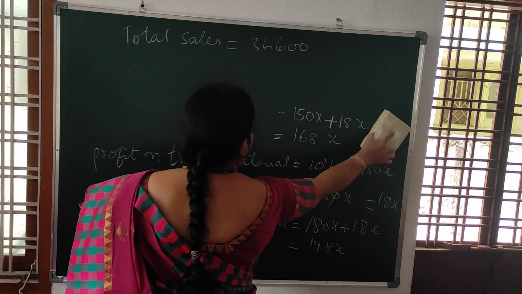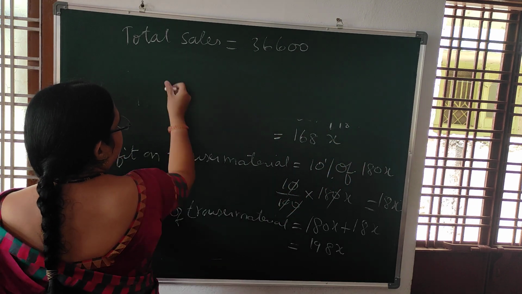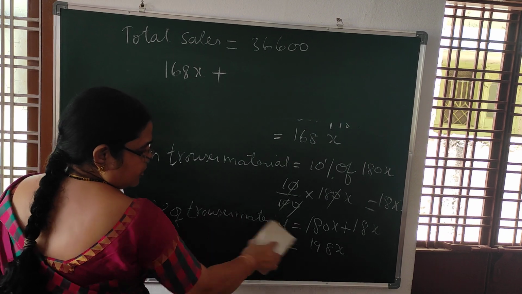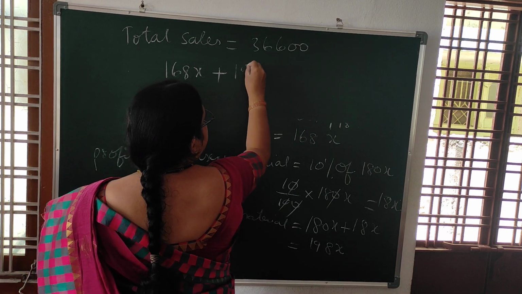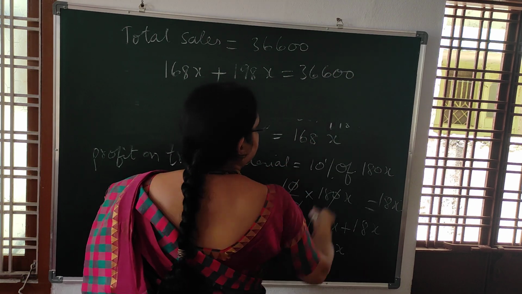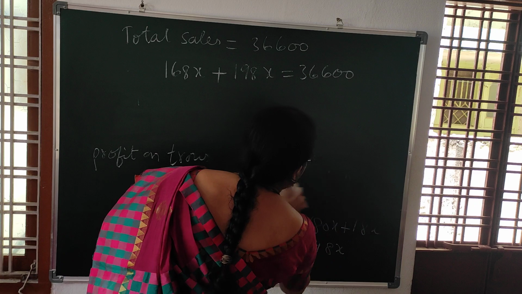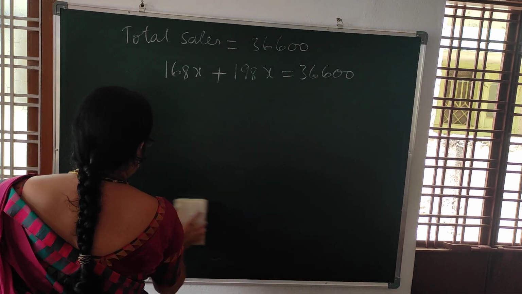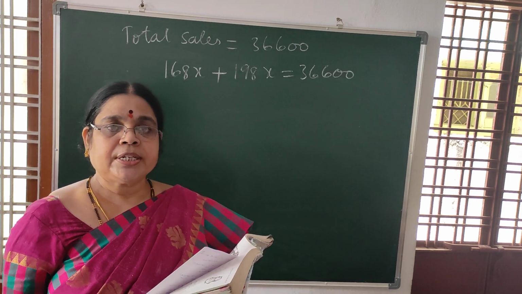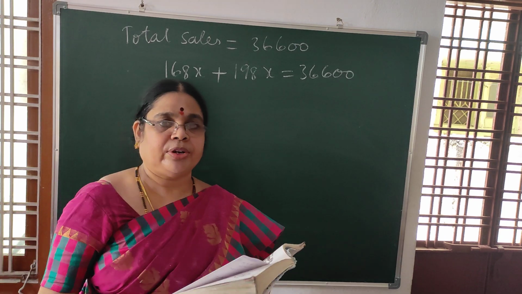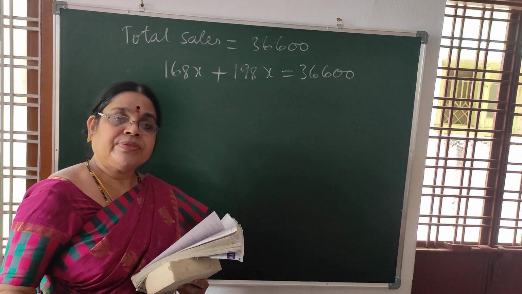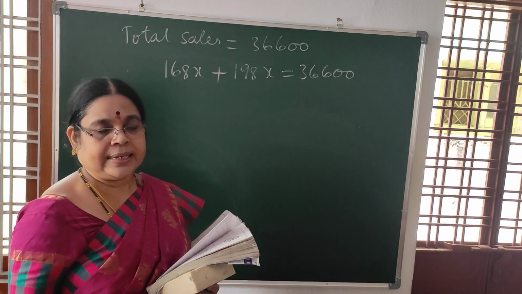So selling price of shirt material 168x plus selling price of trouser material 198x is equal to 36,600. Here both the materials were sold for profit only. First one is at 12% profit, next one is at 10% profit. So you need to find the profit and then the selling price, like that for the next material also.